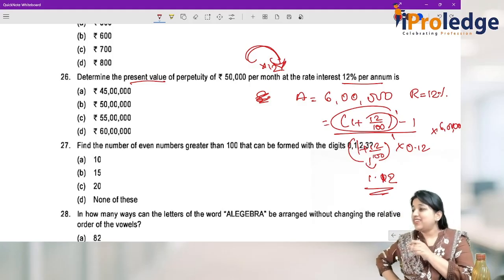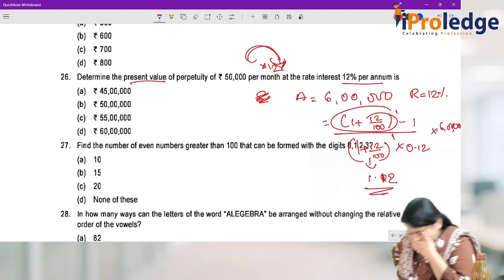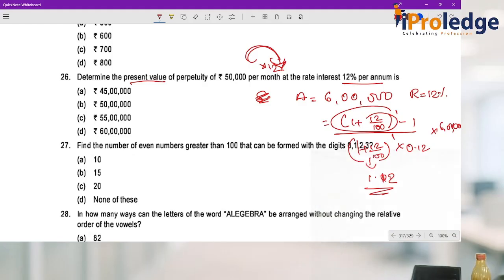Then divided by 1.12 again, divided by 0.12, into 6 lakh.